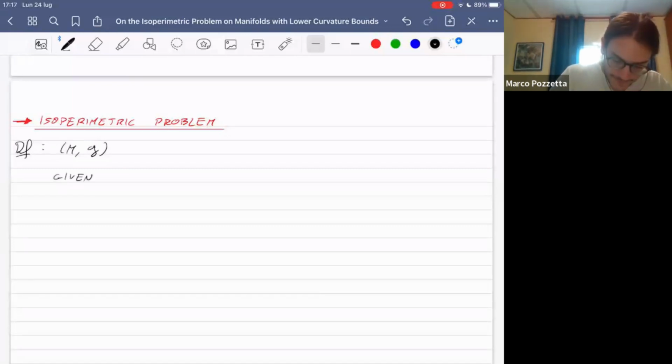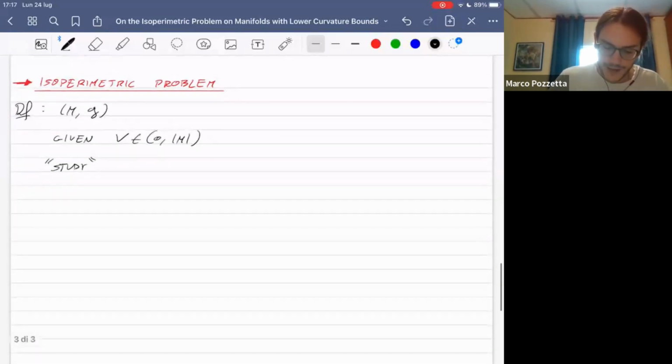Given V, a number between 0 and the total volume of M, and I think of it as a volume, I want to study, which is a general word for saying understand whatever you can about, the infimization of the following quantity.